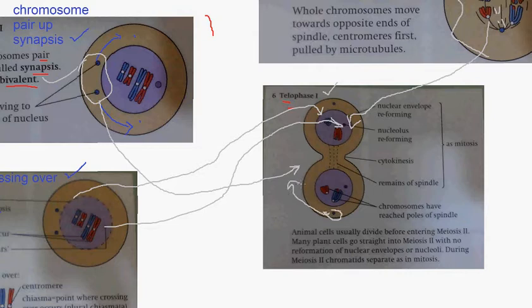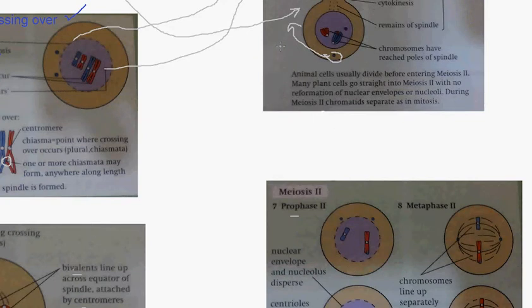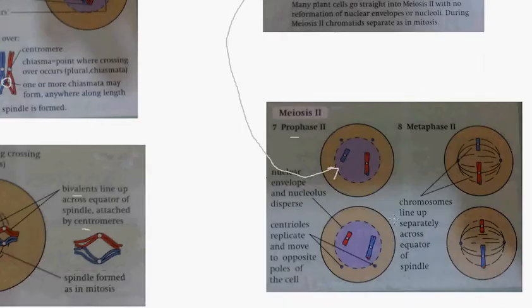And now in this step, because it is one, it has to be divided to form two centrioles, and then moved to the poles. Okay, so again you should have these centrioles being replicated in prophase of meiosis 2. Hope that was not confusing.